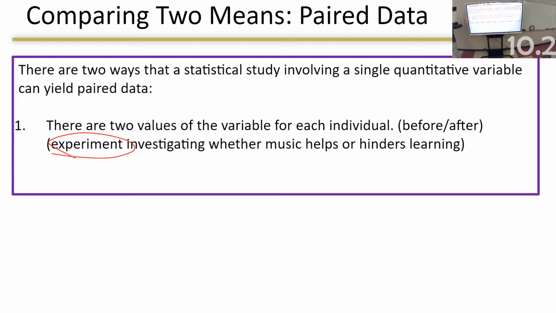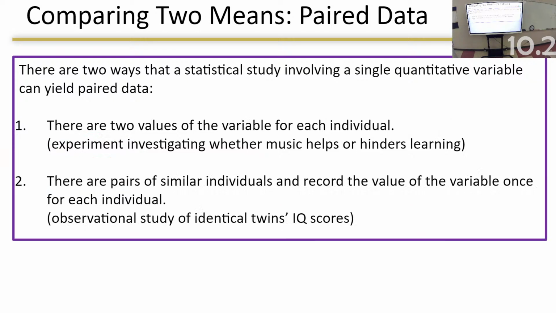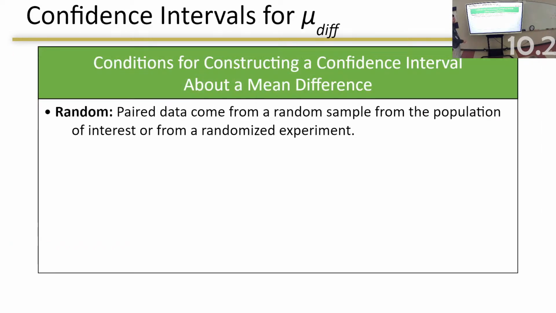When you see this experiment, we have to not check the 10%. Okay, don't check the 10% on that. And then there are a pair of similar individuals. That's the way it's paired. But you're not going to care, guys. Mean difference. If you see that, it's paired.